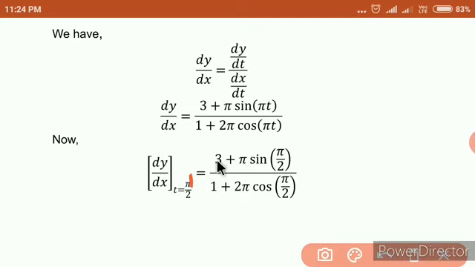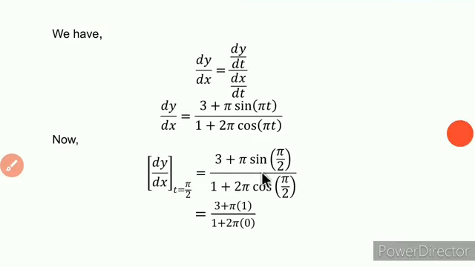And so here we get now 3 plus pi sin pi by 2 divided by 1 plus 2 pi cos pi by 2. Now we know value of sin pi by 2 is 1 and cos pi by 2 is 0. So we get it is equal to 3 plus pi into 1 divided by 1 plus 2 pi into 0.